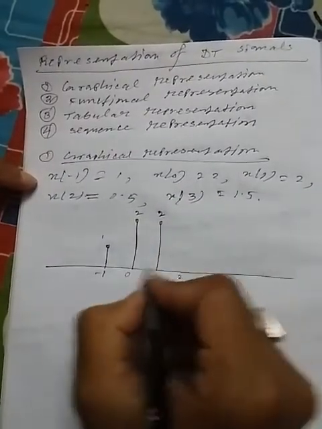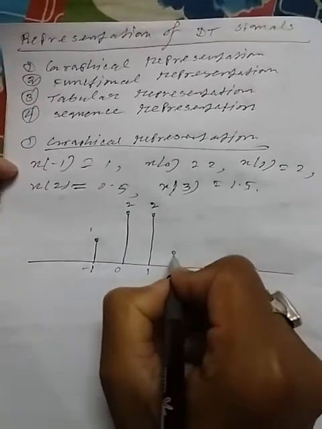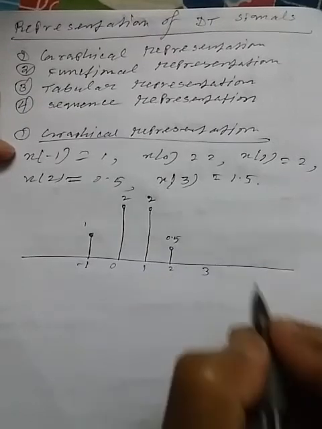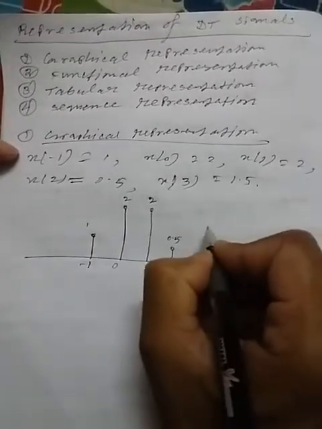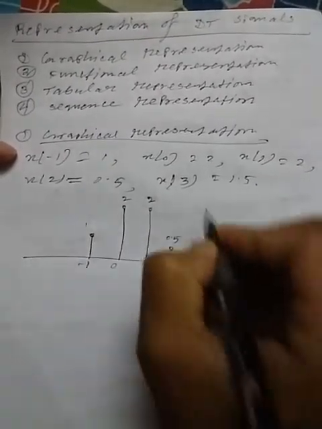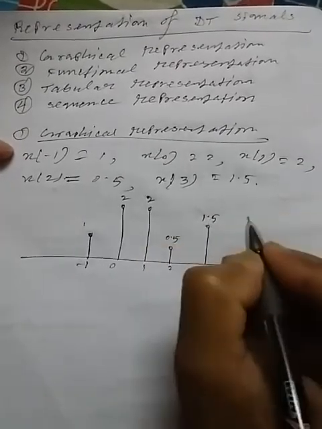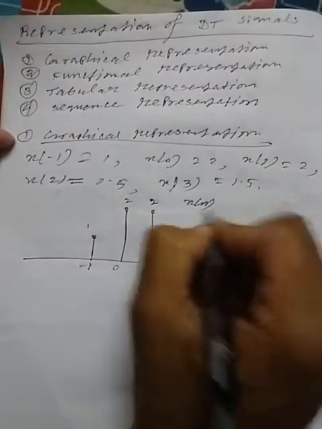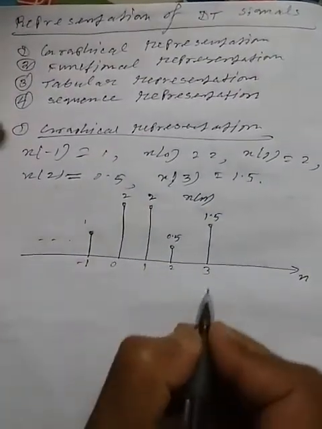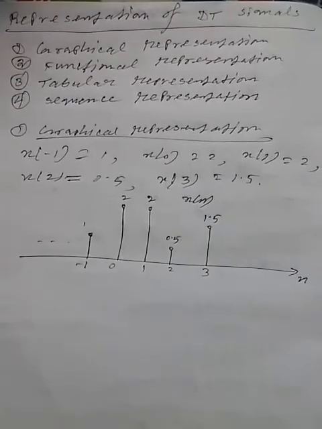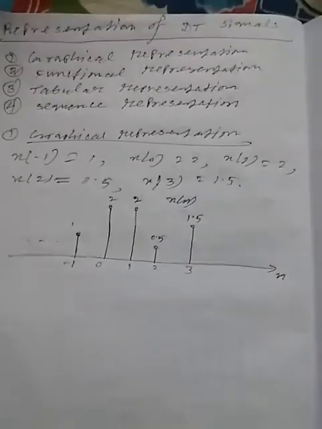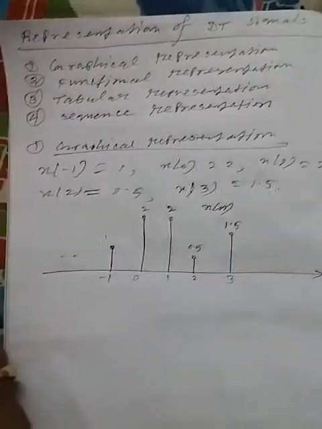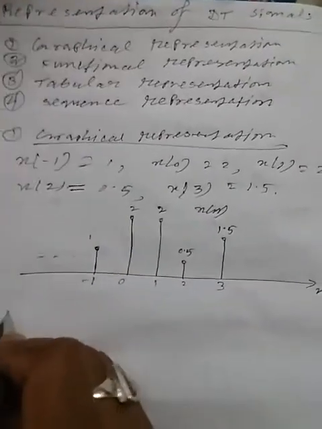At 2, the value of this signal is 0.5. At 3, it is 1.5. So this is n, this is x of n. This is the graphical representation of the given signal.